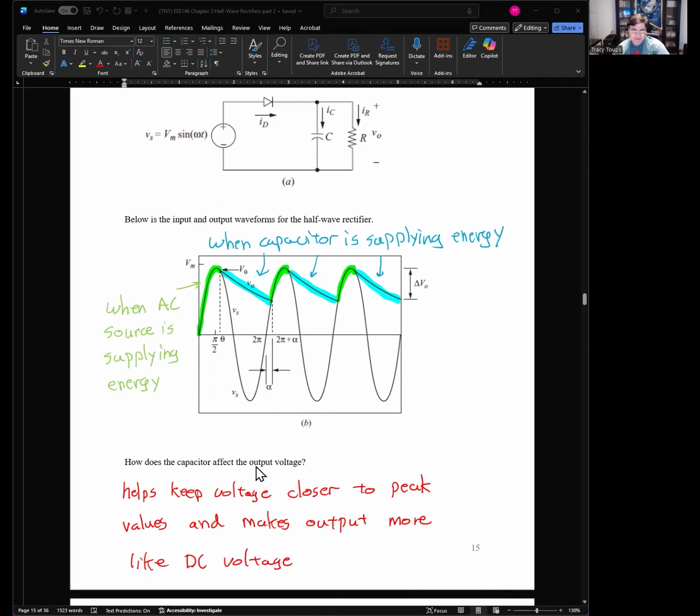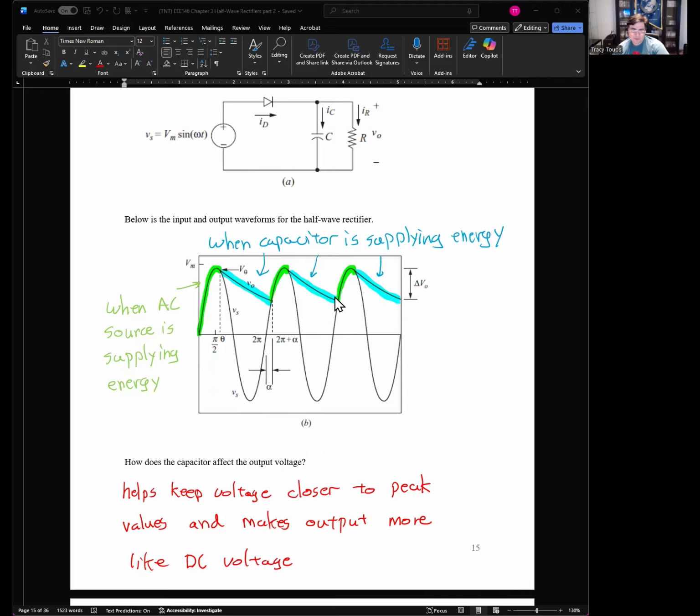How does a capacitor affect the output voltage? Helps keep the voltage closer to the peak value. So right here is a peak, right? And makes the output more DC-like. This combined blue and green line together is way more DC-like than anything going down to the zero axis, okay?